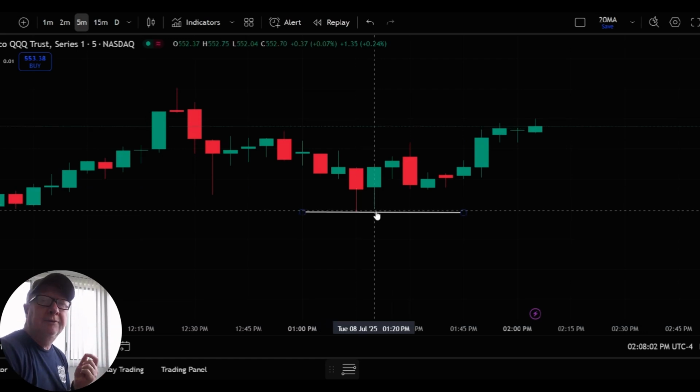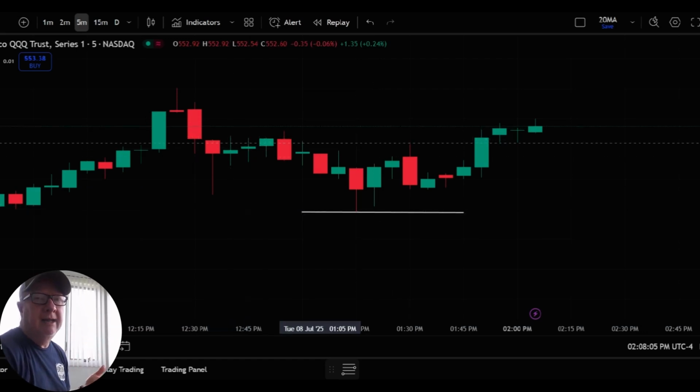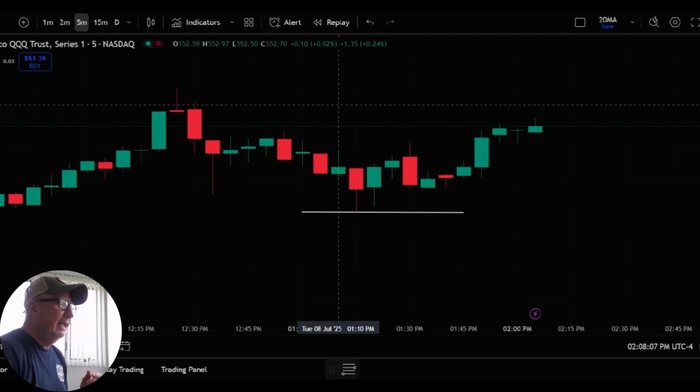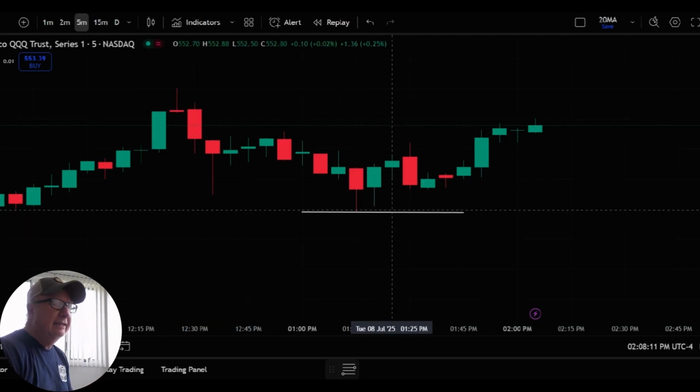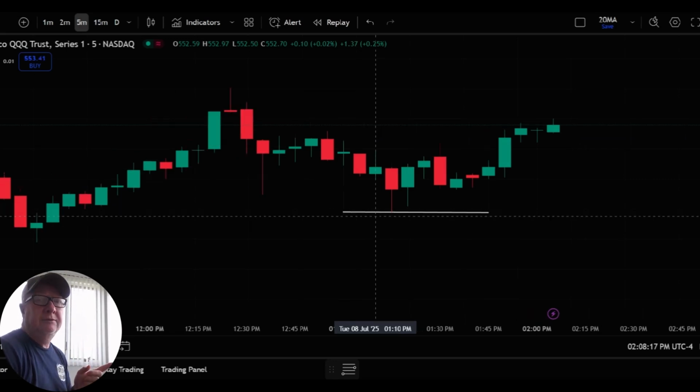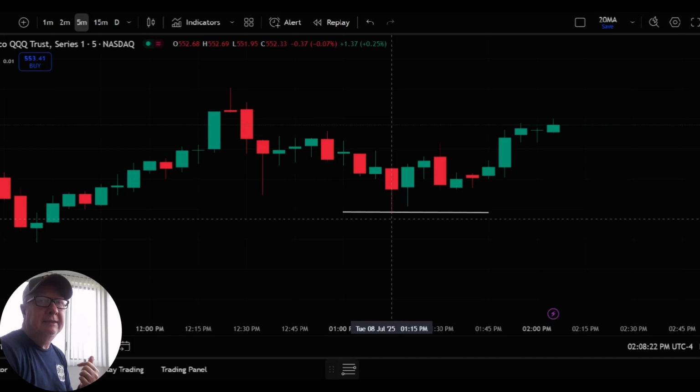You can have a tweezer bottom or you can have a tweezer top if you have 2 candles with topping tails together. And that's usually a very good reversal sign. So our first advanced strategy, recognizing bottoming tails and topping tails.